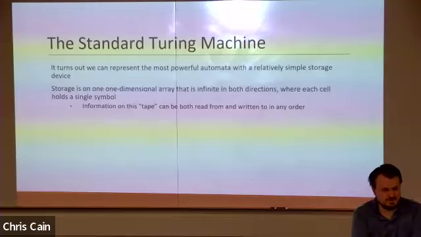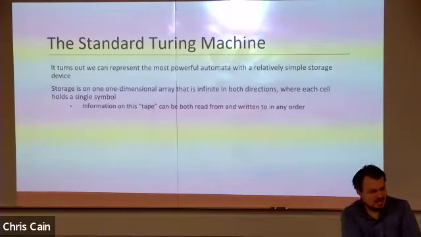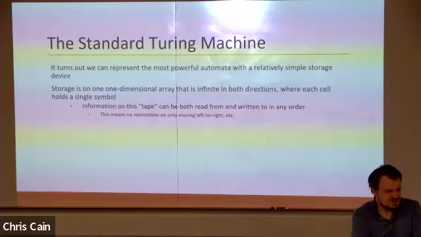So we're going to be looking for certain symbols to be present. We're going to be writing symbols to the tape as well. This means that we have no restrictions on moving left to right. In our other classes of languages, we had to read a string from left to right. We're going to be relaxing that constraint with a Turing machine.